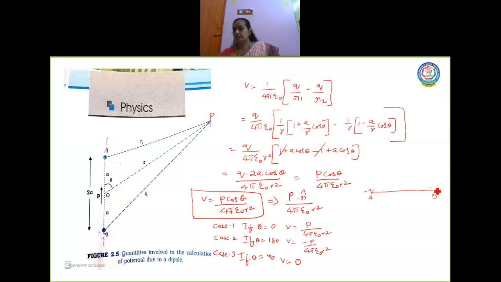Here I have plus q. Now this is the semi length of the dipole, and if I am going to consider the position vector along this line.